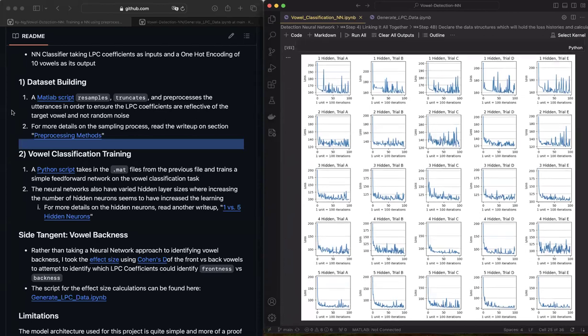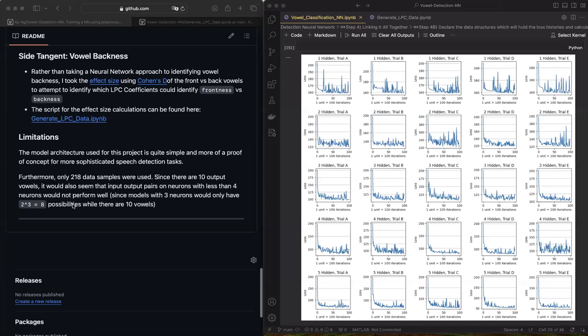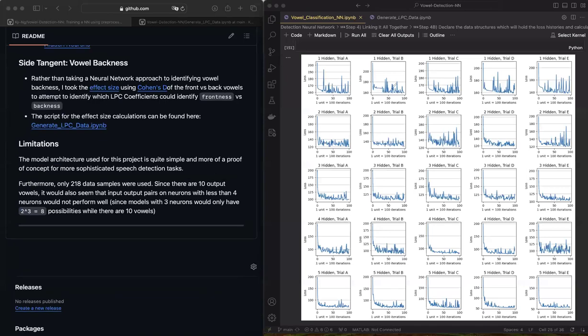Something we wanted to highlight, and one of the limitations we put in this README, is that when we have only 1 to 3 neurons, we're only allowed 2 to the third possibilities, and 2 to the third is just 8. So if we only have 8 possibilities and 10 one-hot encodings, it makes sense that there would be some error and some loss. So it makes sense why number 4 and number 5 are doing the best.